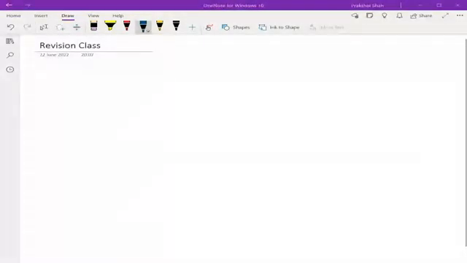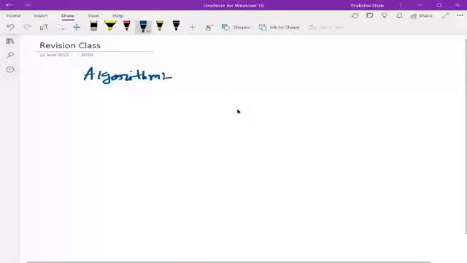So on that note, we will start first of all with the algorithmic analysis class, whatever we have learned in the very first class. First of all, we learned what is an algorithm. The algorithm is nothing but a step by step process or step by step instructions to solve a particular problem.